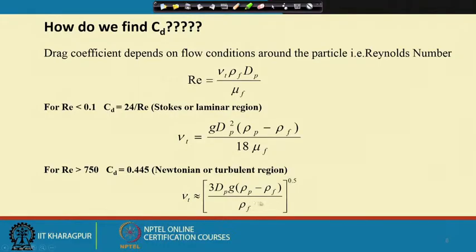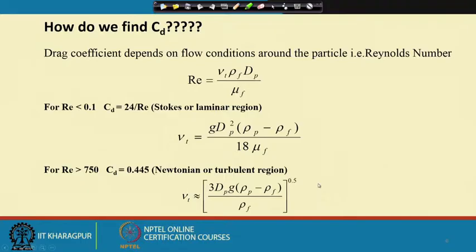So, we are in the range of, below 50 micron we have got a Stokesian region, above 5 millimeter size we can use this equation for quartz density particles, for Newtonian particles.